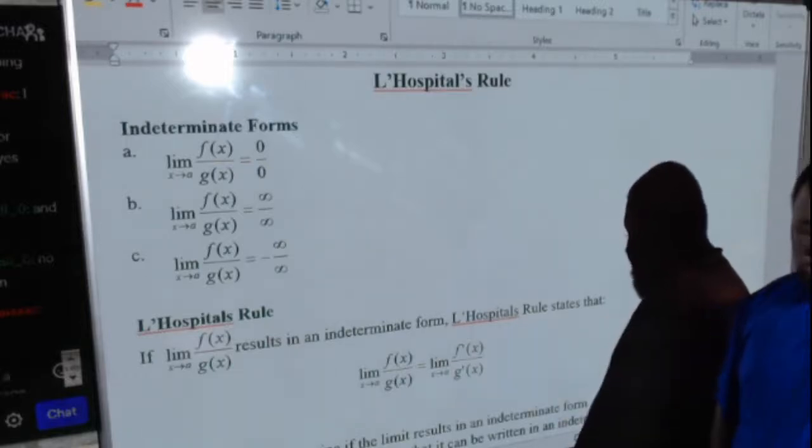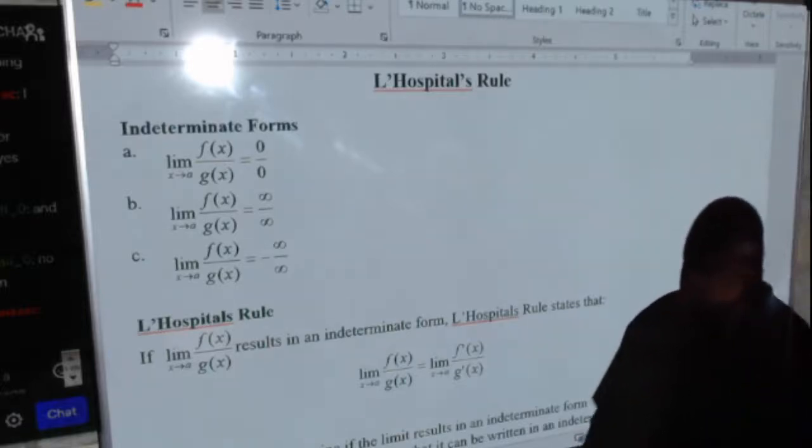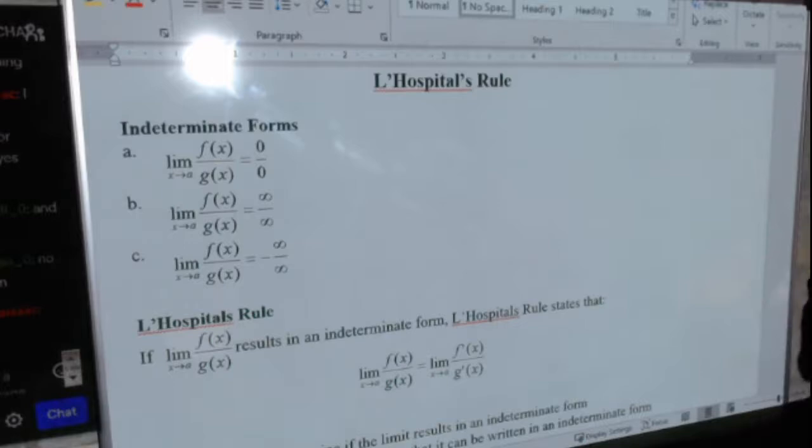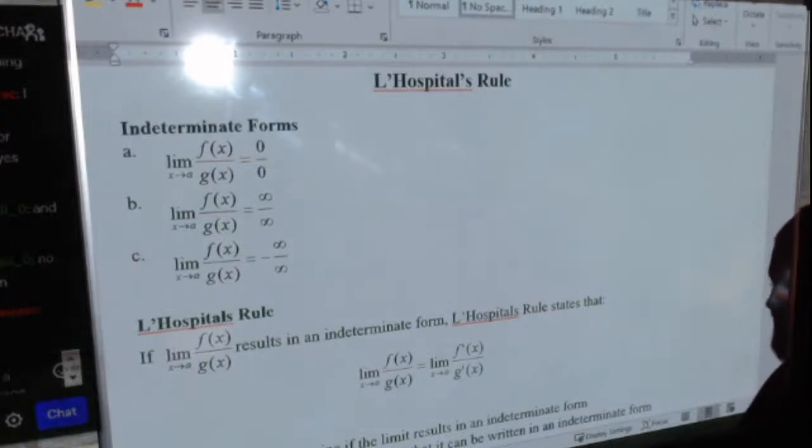The key word here is separately. So we do not differentiate them at the same time. It's not a quotient rule that we're doing, but instead differentiating the top by itself, the bottom by itself, and then evaluating the limit.